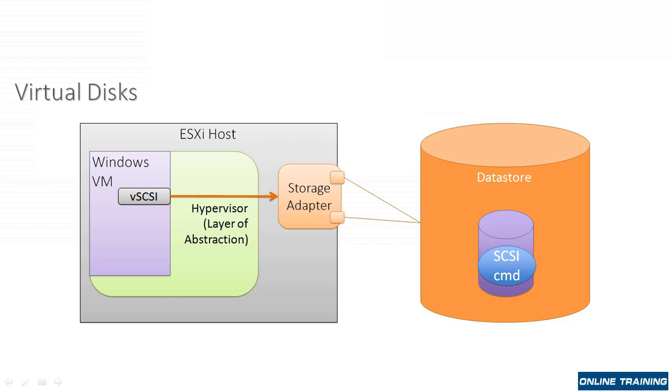And the storage location in this case is a VMDK. That's a virtual disk. So for every C drive and D drive and E drive and every virtual disk that a VM has, it's backed by a VMDK file stored on a data store somewhere.